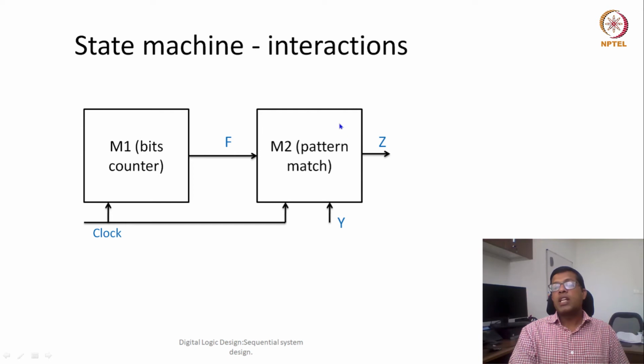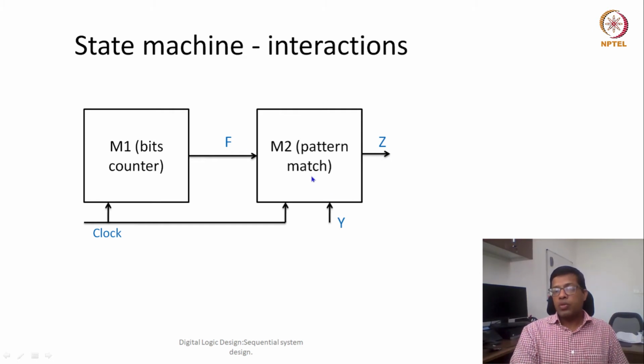While the second state machine will have an input which will say when this counter is full, or when it has reached the total threshold of the size of the block, that means 256, and then it will raise a signal which is F. This F signal would be 1, otherwise it is going to be 0.